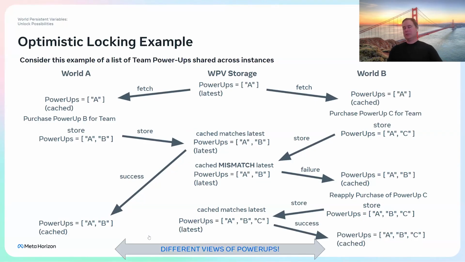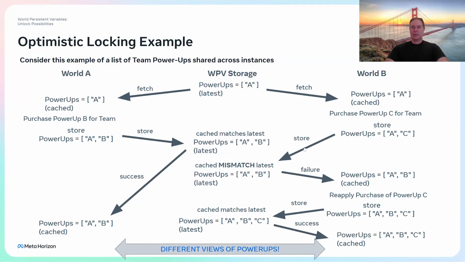Just again, like the issue with the energy being incremented and decremented, these guys ended up with different views of the power-ups. But all of their purchases were applied without data loss to the centralized shared storage. That makes sense? Does anybody have any questions about this optimistic locking example, and how this guy's store was successful because no one had changed this central storage since he last read it?